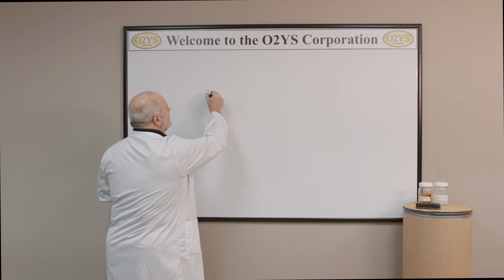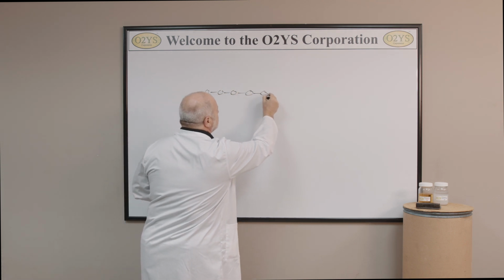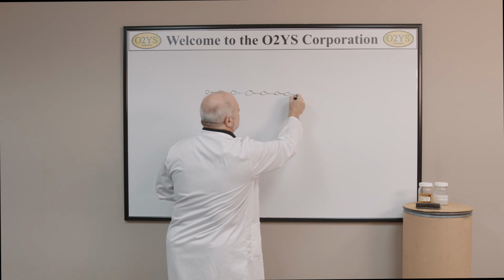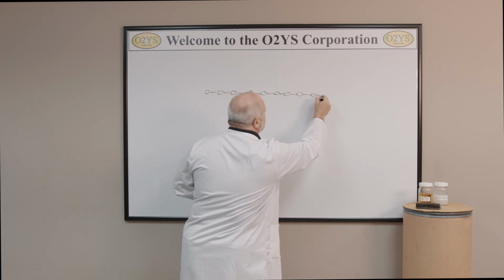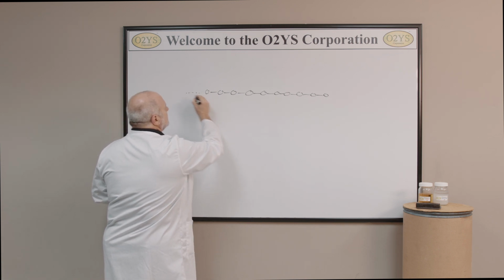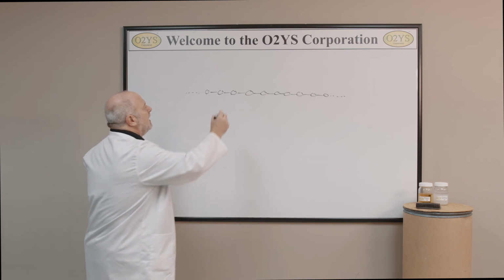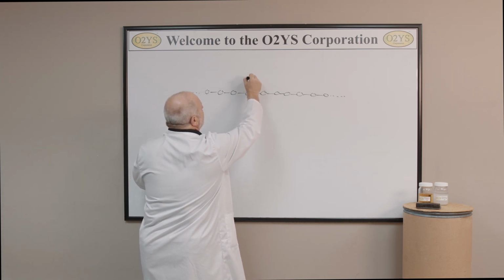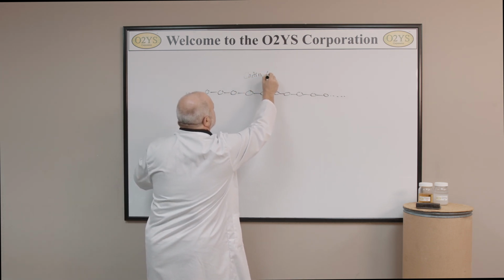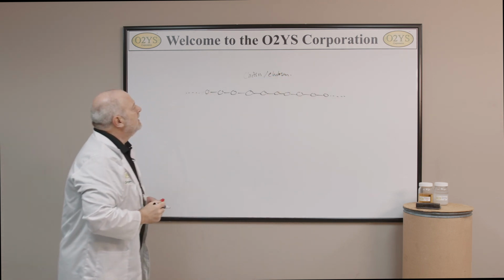So we have a bunch of little structures in here that all repeat. They're all in a linear form like this. And this can go on for thousands of these things. So each one of these dots or circles is a substituent of the overall polymer. So if we have chitin or chitosan, it really doesn't matter.